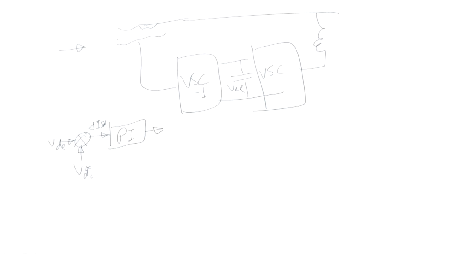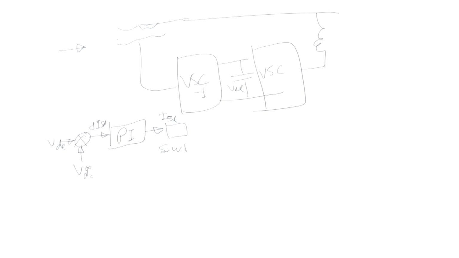That PI essentially gives you a value, say VSD. Then this block is multiplied by the unit voltage template, 120 degree phase shifted: sin omega t, sin omega t minus 120 degree and sin omega t plus 120 degree.